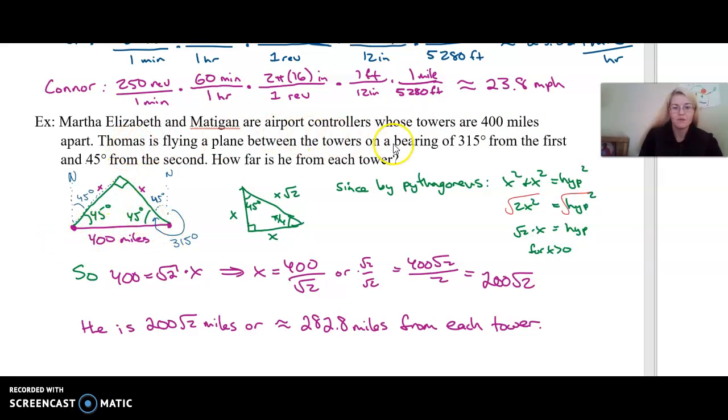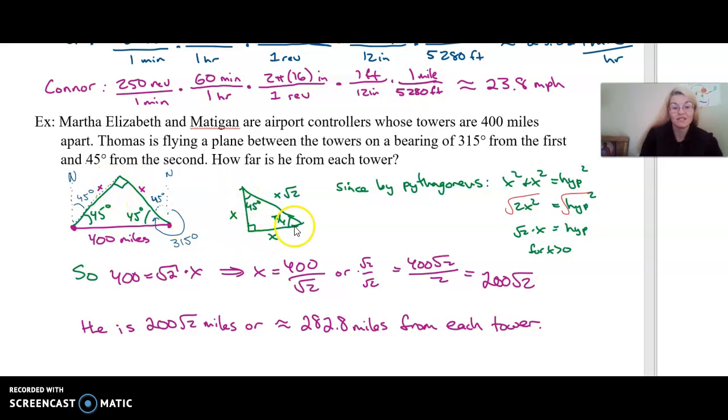Thomas is flying a plane between the towers on a bearing of 315 from the first one, so here's true north. 315 degrees leaves 45 degrees left. So from this horizontal line, there's a 45-degree angle inside here. So he's coming, and he's 45 degrees away from here. And also 45 degrees from the second. So here's my second, 45 degrees from there. So if you have 45 degrees and 45 degrees, and these are going to meet up somewhere, they're going to have to meet up at a 90-degree angle.